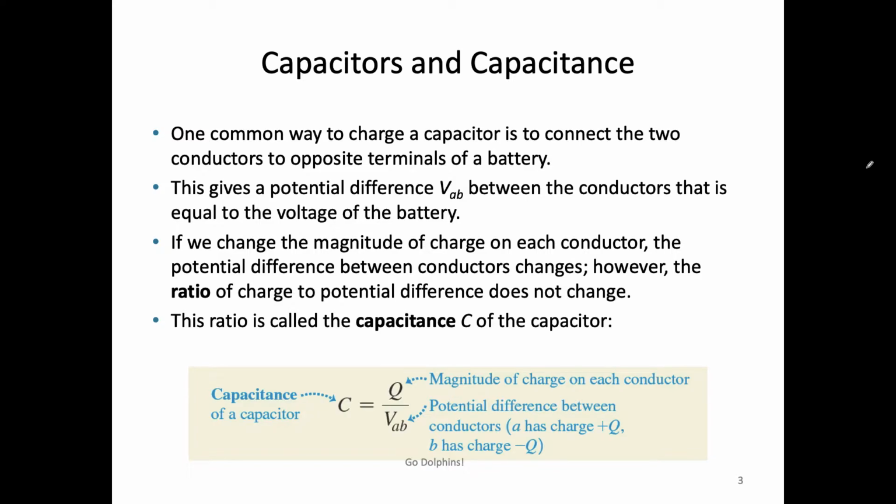So it's charge over V that gives you capacitance. If you hold 1 coulomb of charge when applying 1 volt, the capacitance is 1 coulomb per volt, and we also give coulomb per volt a special name called 1 farad.